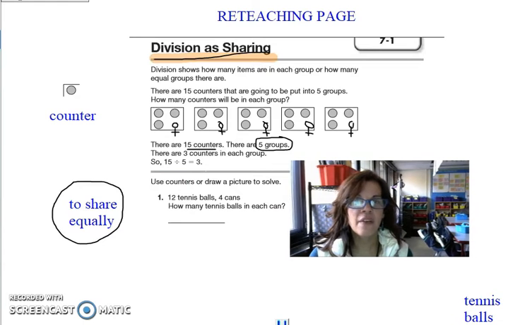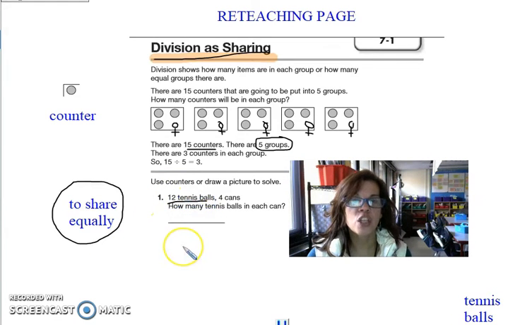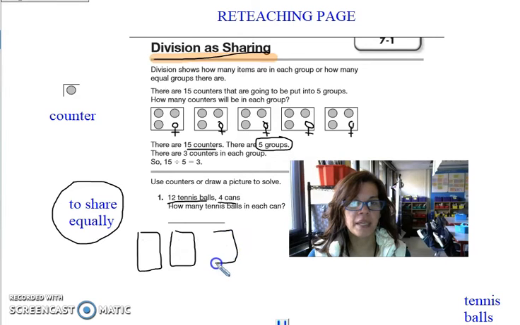Okay, here we have a problem where you have how many tennis balls? 12. So boys and girls, remember this is a big number that we are sharing. Now how many cans or groups, or we could even pretend people? In this case there are 4 cans. Draw your 4 cans because that's the groups that you're going to break it up in.